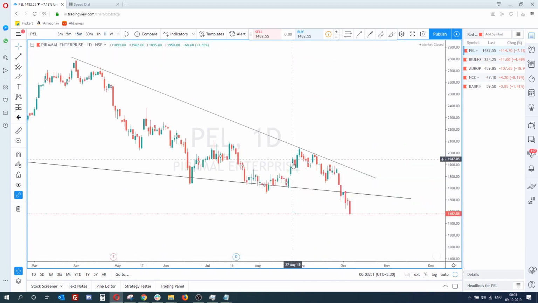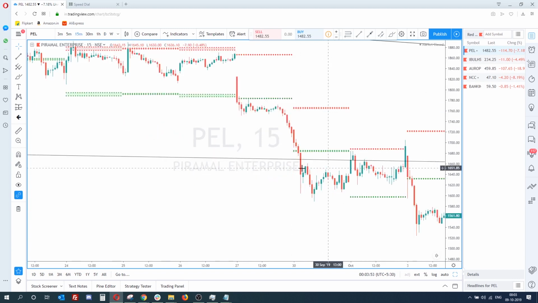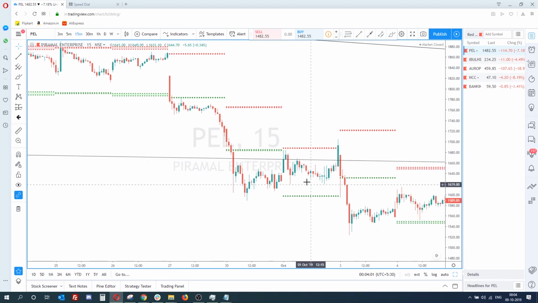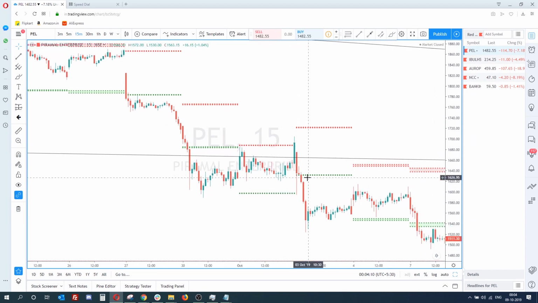The rule is you wait for a breakdown of a pattern. Not only that, you should make sure that the green zone is also breached. The next day, you don't do anything because it didn't break the green zone. And the next day, this is where you go short.